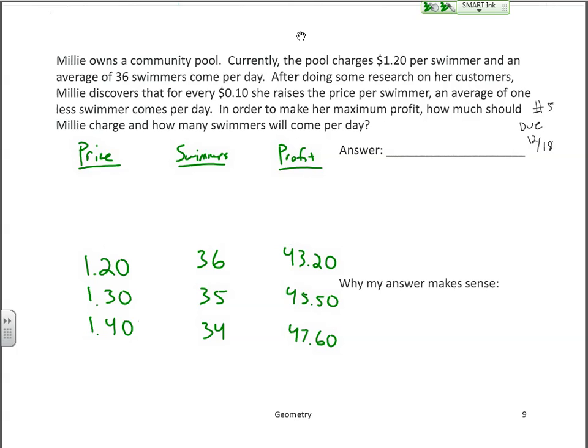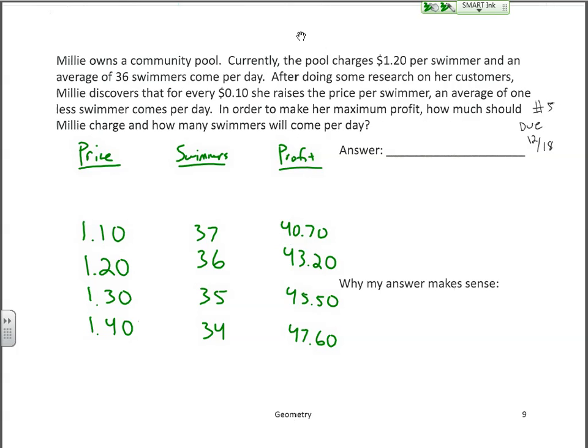Okay, and just to kind of see that this follows here, if she lowered the price, that would mean that 1 more swimmer per day is going to come, and 1.1 times 37 is $40.70, which makes sense because that does follow kind of the pattern here that as our price increases, even though our swimmers are decreasing, the profit is still going up.